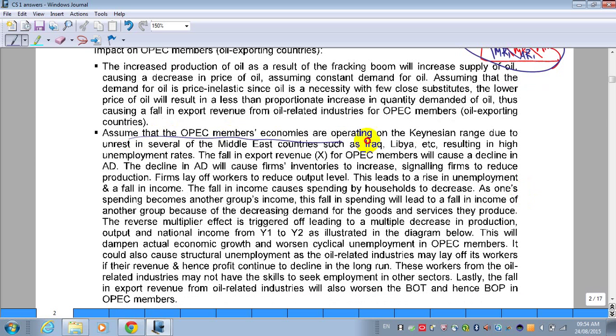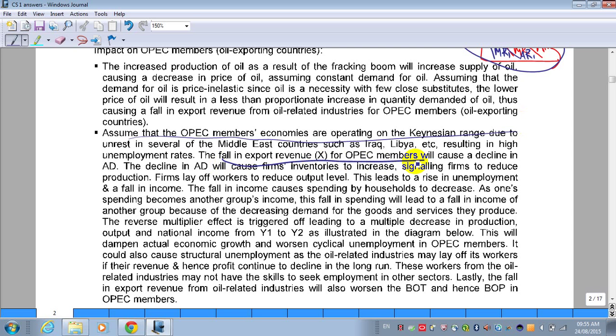Assuming that OPEC members' economies are operating on the Keynesian range of the AS curve, you can use the intermediate range as well, I'm fine with it. This is an assumption that we often forget about, the assumption of the intermediate or the Keynesian range. You need to ensure that you tell me that there's a fall in the export revenue for OPEC members, like Saudi Arabia.